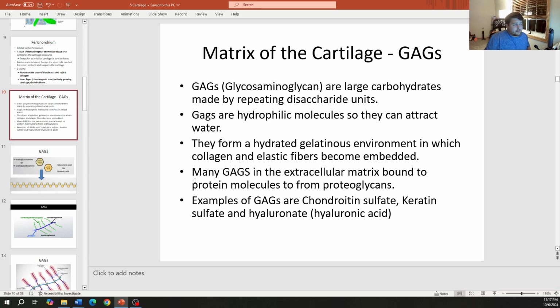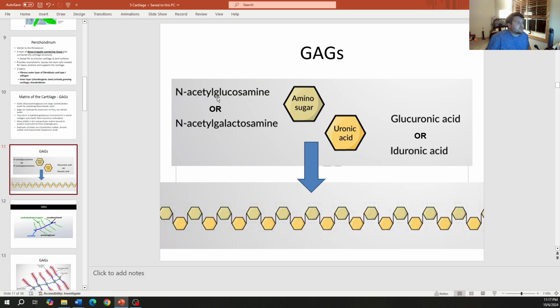I'm going to jump back and forth between pictures here. So we have either these N-acetylglucosamines or N-acetylgalactosamines. If we break those down, acetyl being an acetyl group, and think back to our biochemistry here, glucose.